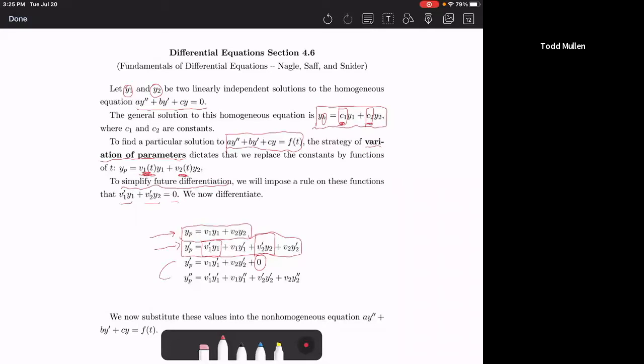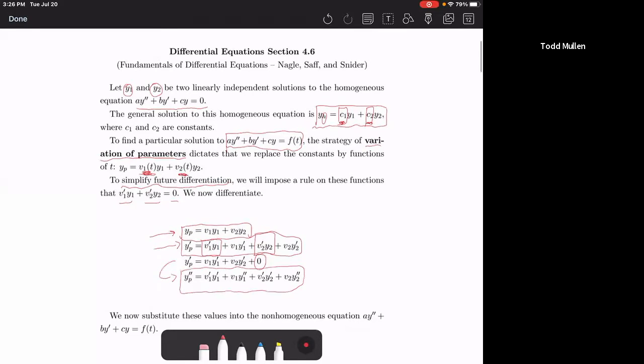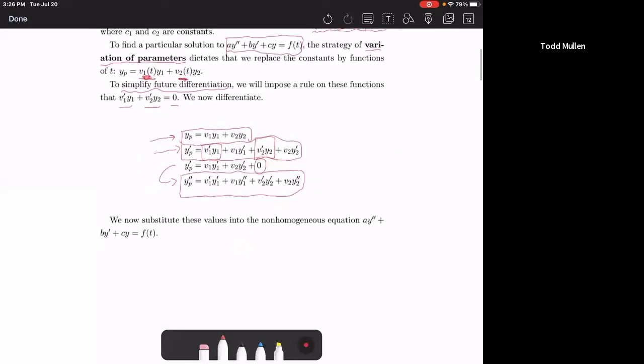And now that we have fewer terms, that will make it easier to take another derivative. And again, this is just two product rules, but nothing's going to simplify here. We're content with this as a final answer for y double prime. We now substitute these values into the non-homogeneous equation a y double prime plus b y prime plus c y equals f of t.